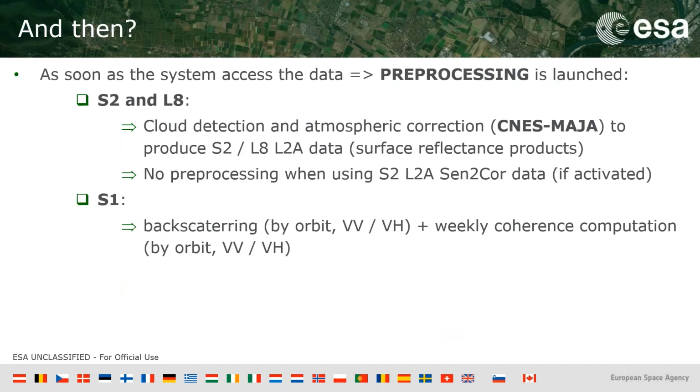As we explained, the Sentinel-2 and Landsat 8 will be either processed with MAJA or Sen2Cor using Sen4CAP, and the Sentinel-1 will be processed by doing a backscattering and a weekly coherence. So that was the first step.